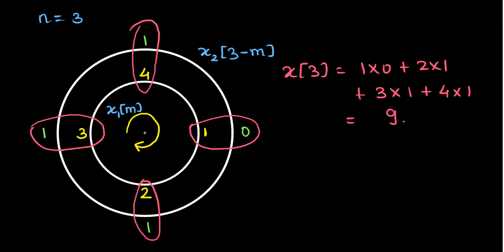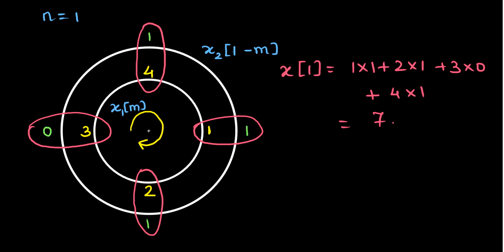Now if we go ahead and try finding the value of x of 4, again we would need it to be shifted by 1 unit, and we would have it as 1 0 1 1.